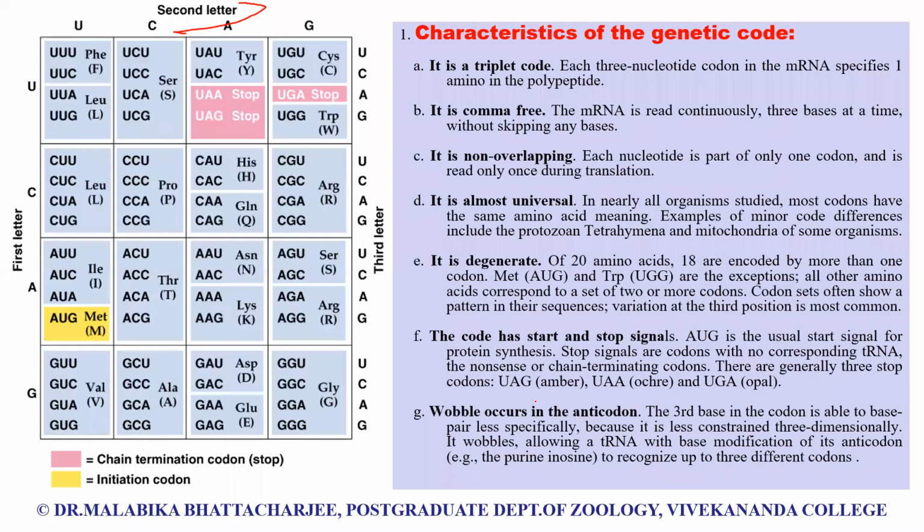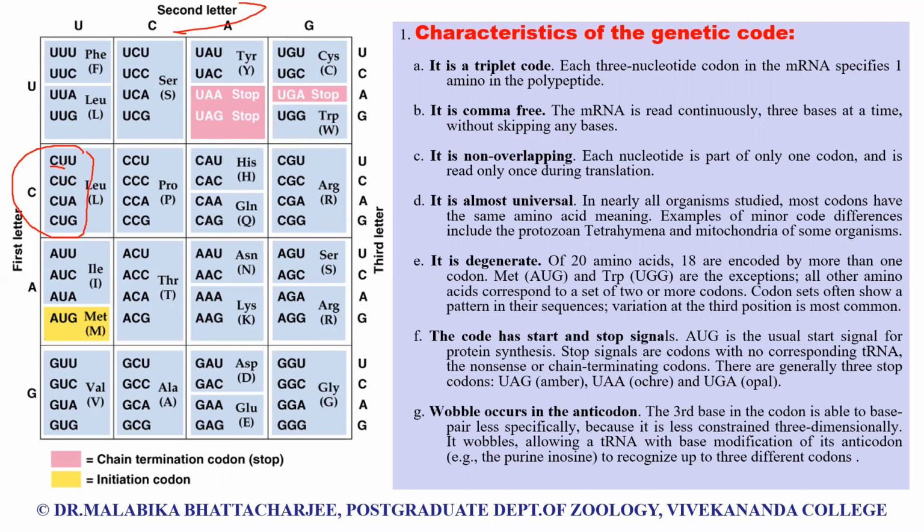And finally, we move to the final property of the genetic code, that is Wobble hypothesis. Now, if you look at this particular case of leucine, you can see that the first 2 bases are the same, while the third position base has changed.